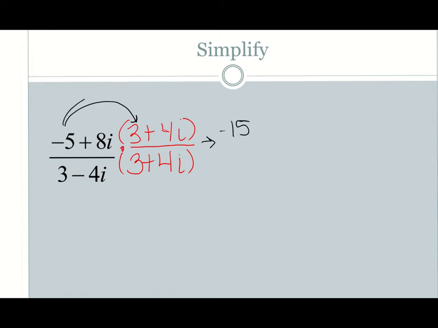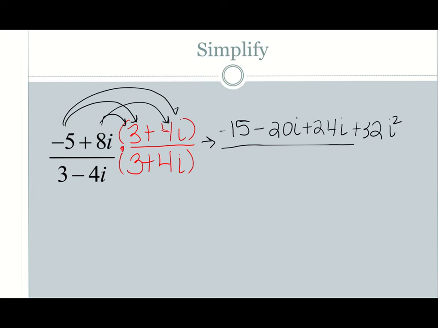And then negative 5 times 4i, which is a negative 20i. Then we're going to go through and multiply the 8i in. So we have positive 8i times 3, which is going to give us a positive 24i. And then 8i times 4i, so 8 times 4 is going to give us 32. And i times i is i squared.